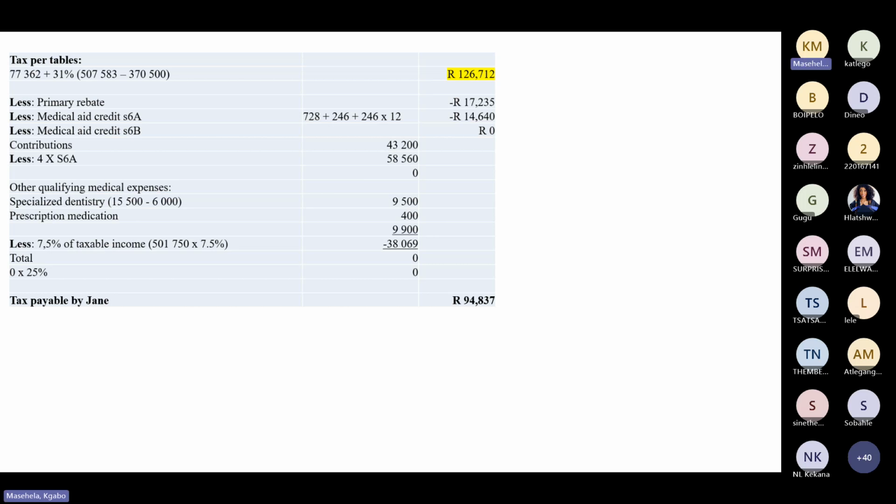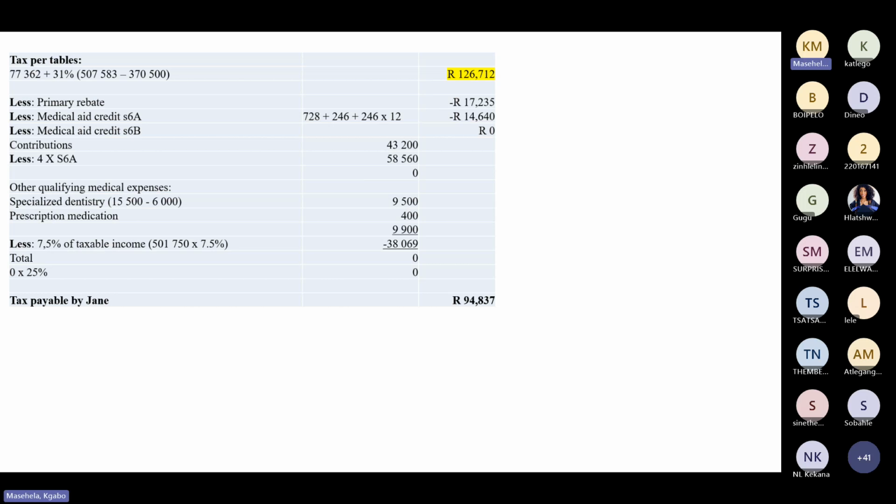Can you see? Specialized dentistry, it means the doctor has referred you to a specialized person or a doctor. Prescription comes directly from the doctor, a professional and an expert. That's why those are regarded as qualifying medical expenditure.